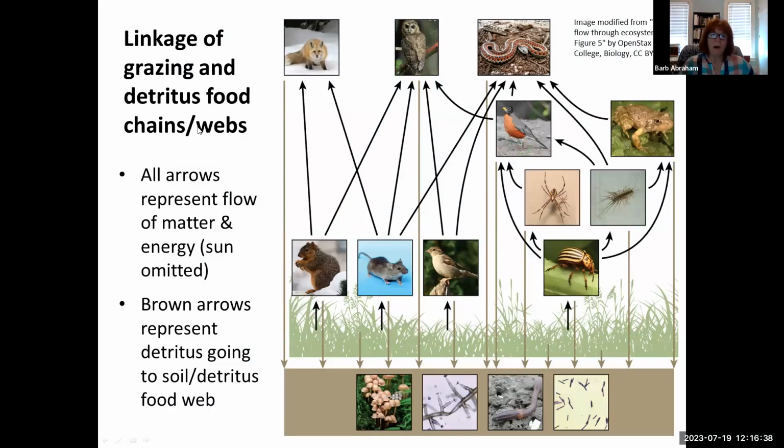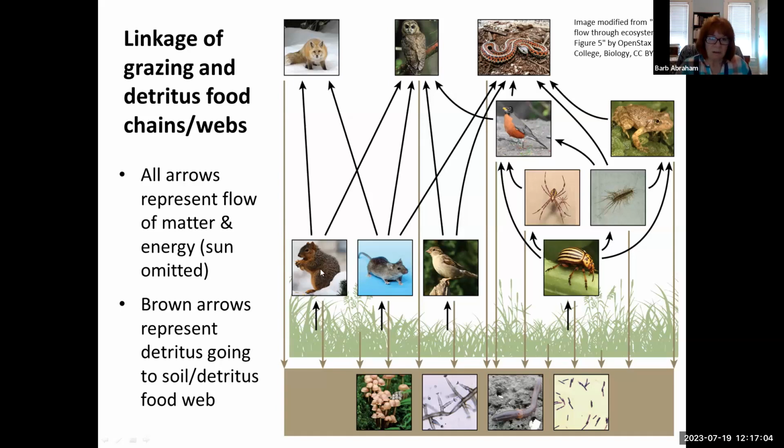Okay. So now what is this detritus food web? This is a really complex diagram, but if you look first at the brown arrows, you're seeing anything that dies going down to the soil. So all the brown arrows go down to the brown box, which is the soil. The black arrows represent energy flow. That's what you just saw in a simple food chain.